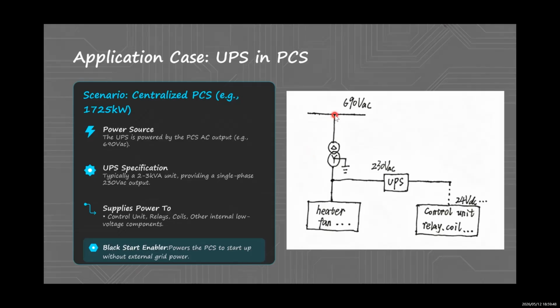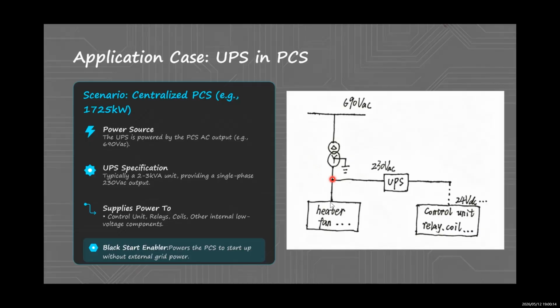The auxiliary power is drawn from the PCS AC output, normally 690 volts, and via a transformer is converted to 400 volts or 230 volts.